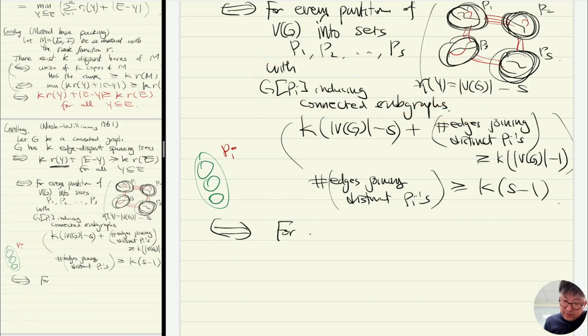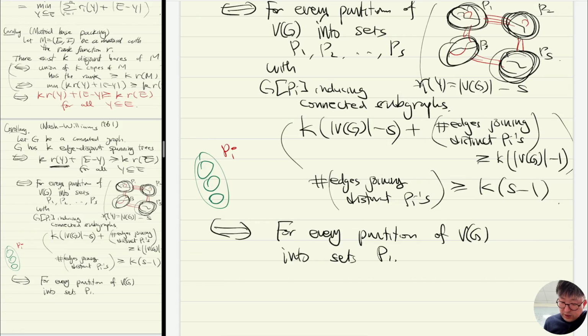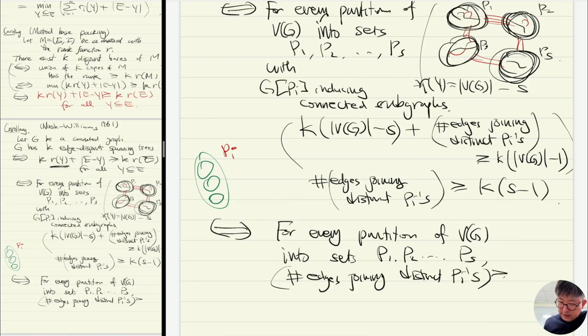So what's left is: for every partition of V(G) into sets P1, P2, ..., PS, the number of edges joining distinct Pi's is at least k times (S minus 1).